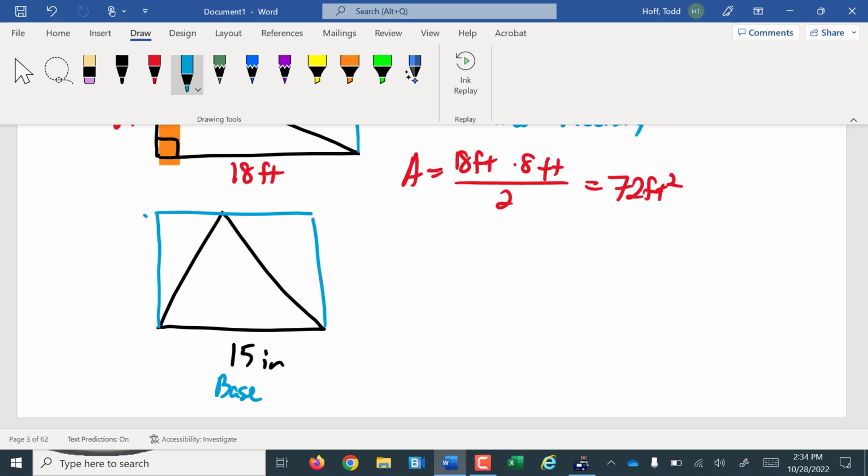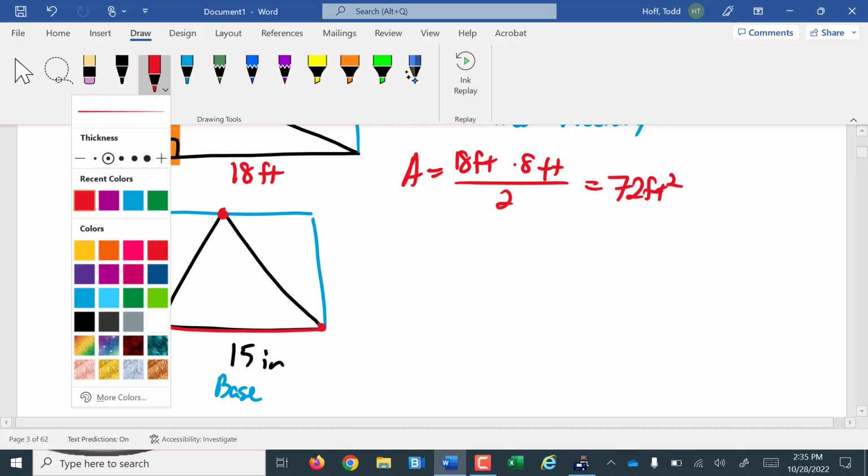But we also need to know the width of that related rectangle, and that dimension is going to involve the third vertex of the triangle. The first two vertices or corners of the triangle are part of that base. There's only one vertex or one corner that's not part of the base, and that's this one up here.